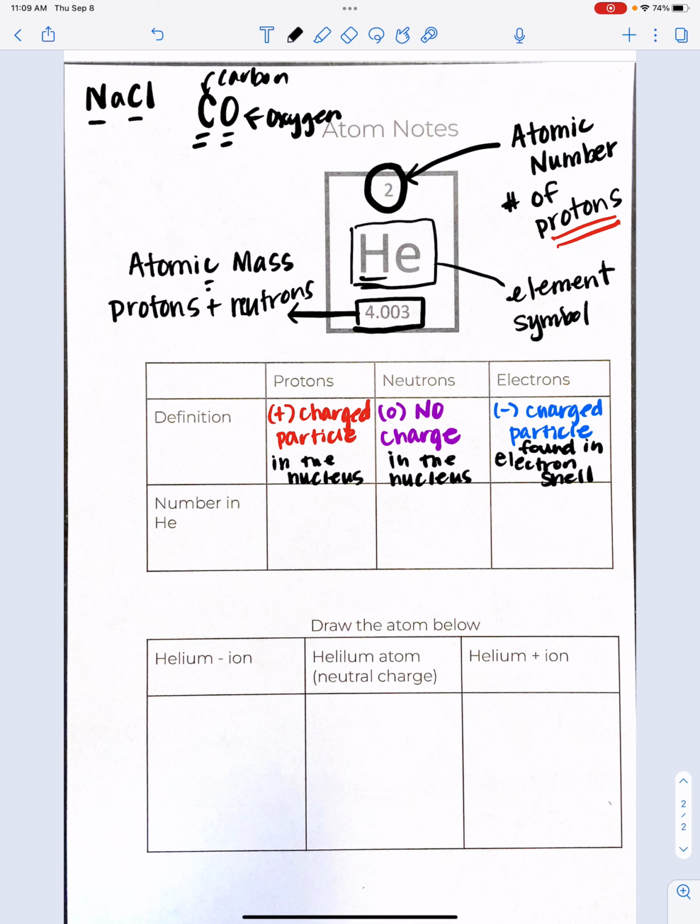So it is not in the nucleus. Those should all be review from last class that you explored. We just want to make sure that these notes are super solid so that it is a point of reference for you to come back to.